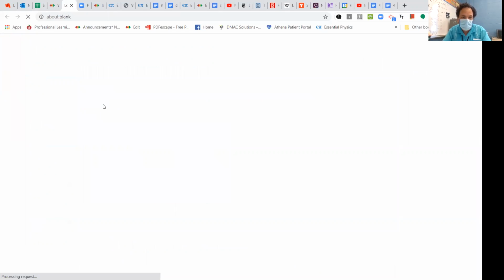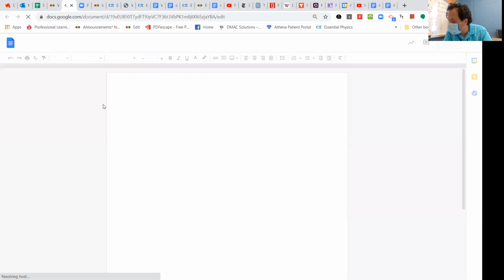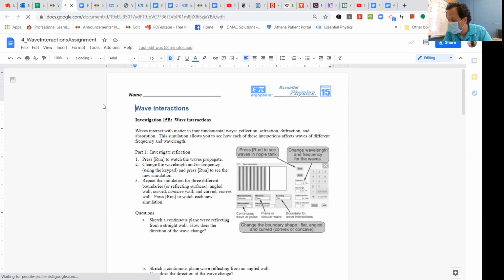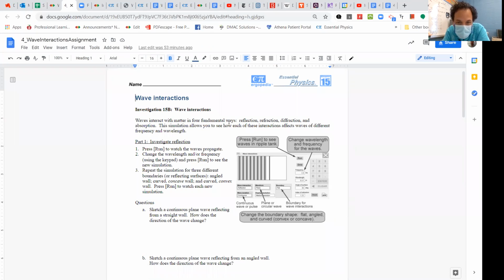So here's the assignment. Let's take a look at it. It says waves interact with matter in 4 fundamental ways: reflection, refraction, diffraction, and absorption. This simulation allows you to see how each of these interactions affects waves of different frequency and wavelength.